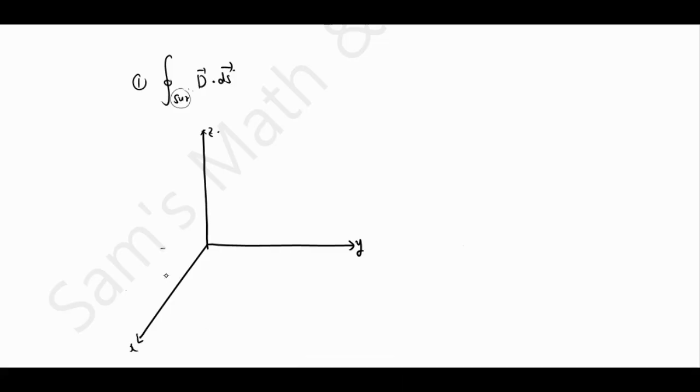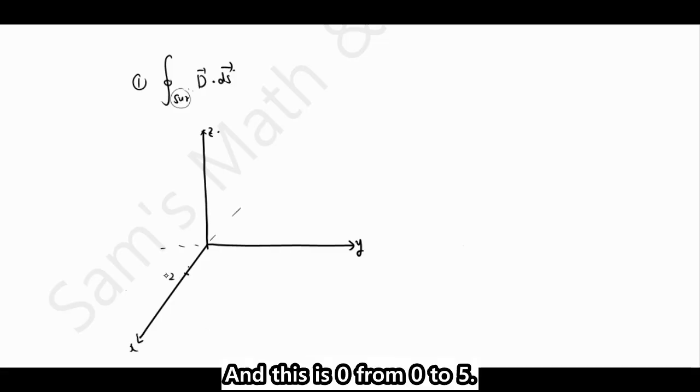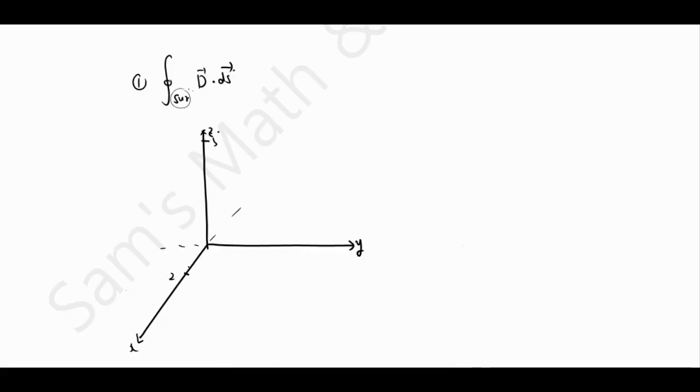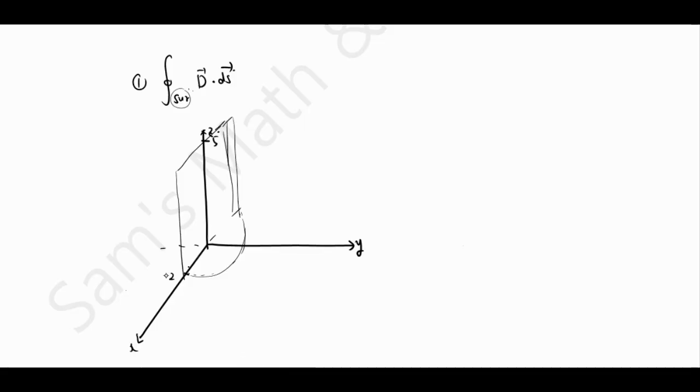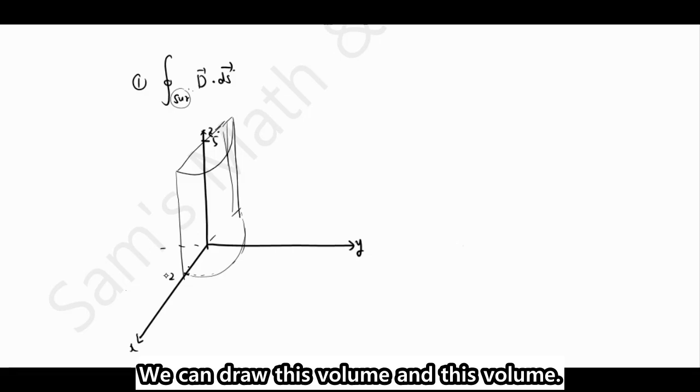Rho is 2, z is from 0 to 5, and phi is 0 to pi. So this is the volume. We can draw this volume.